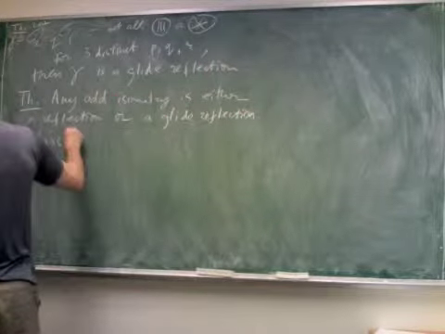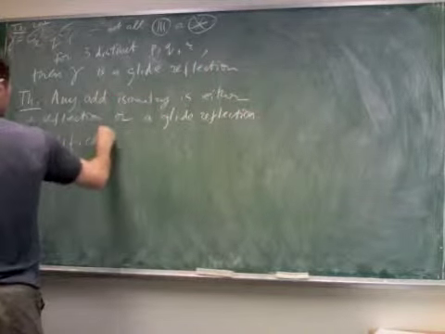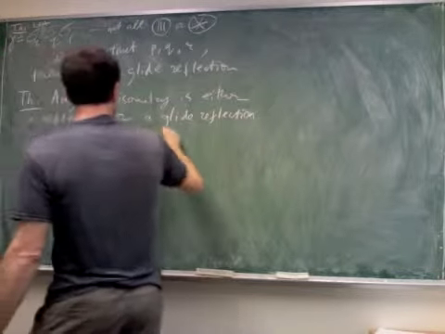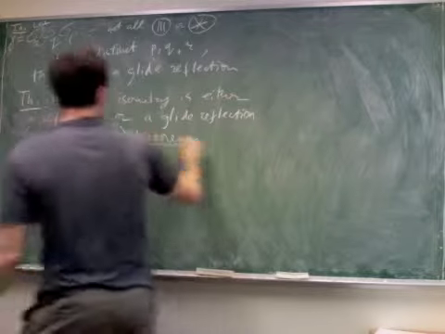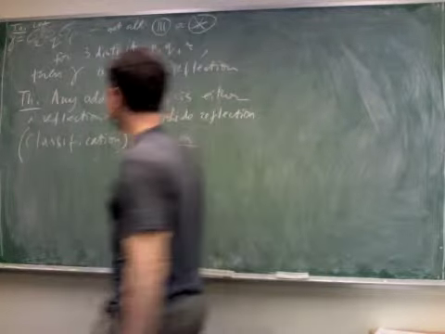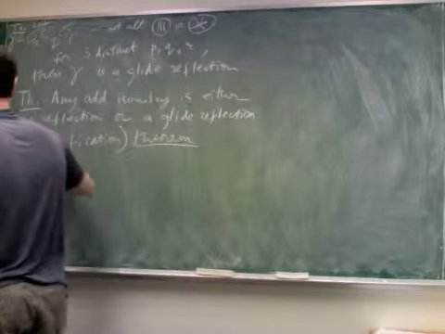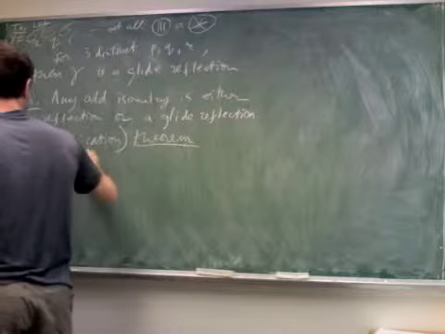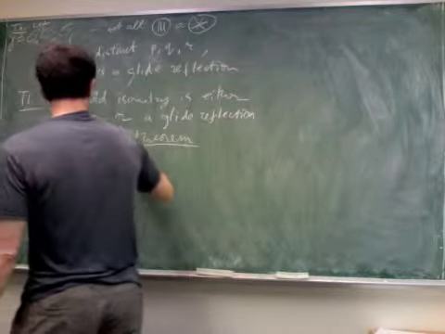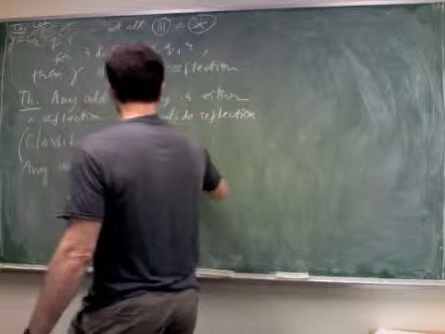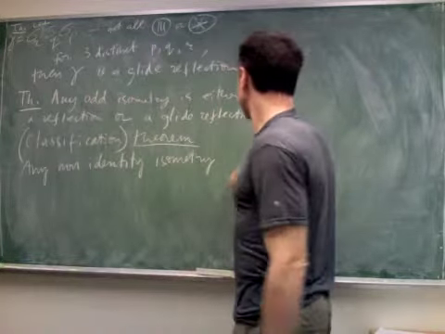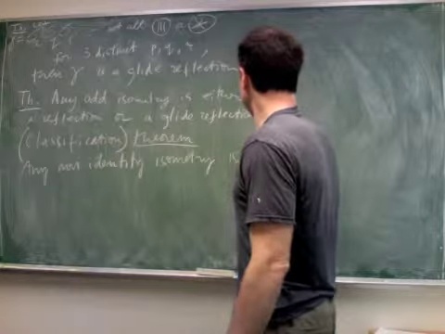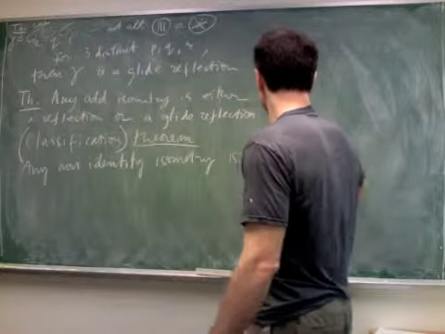Classification theorem: any non-identity isometry is one of the following four.